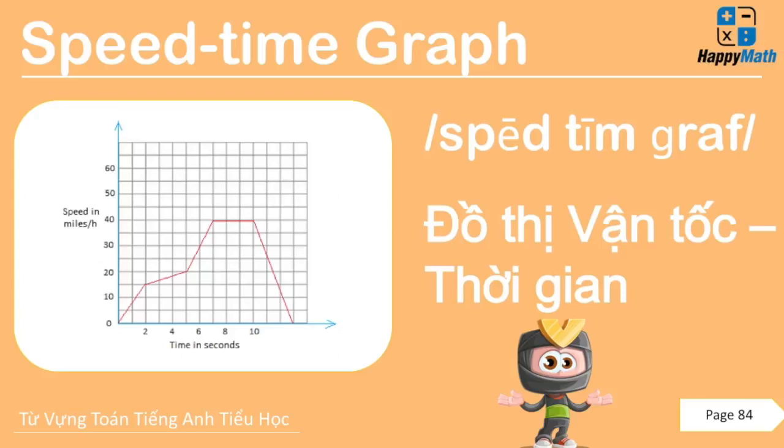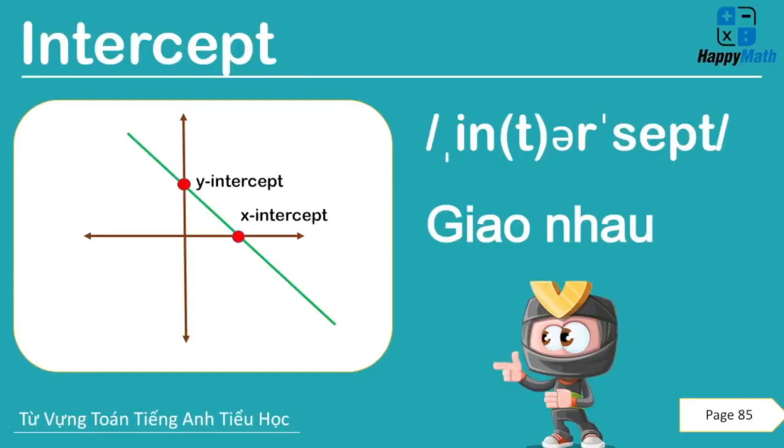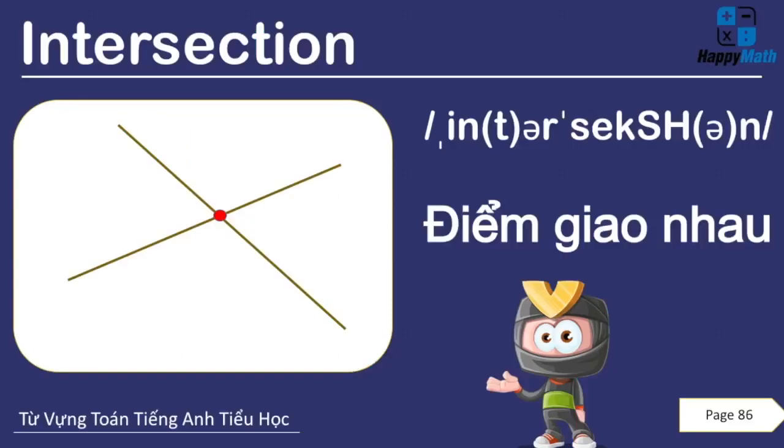Speed time graph. Another way to present the relationship between speed, time, and distance. Intercept. Intersection. The common point between two lines.